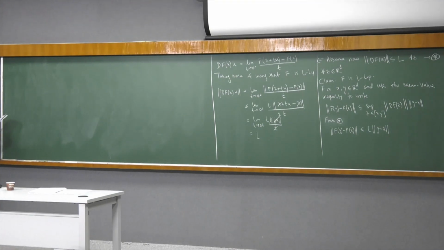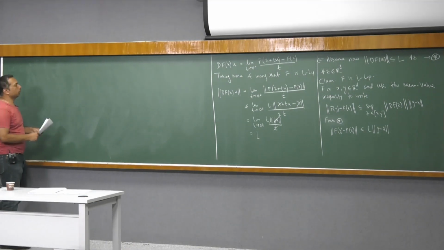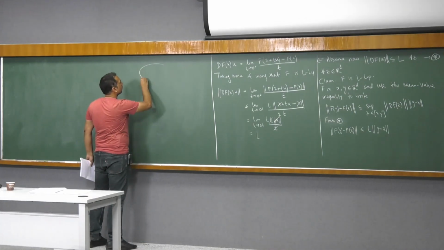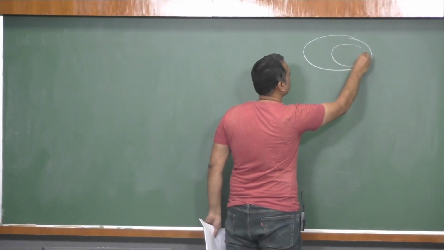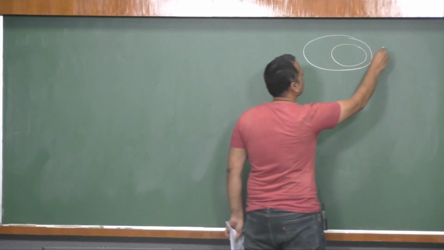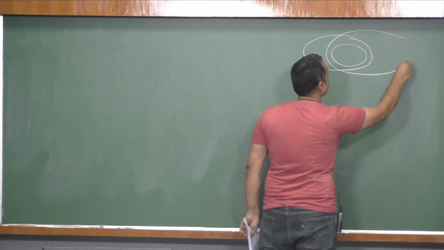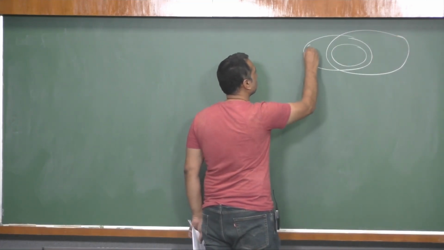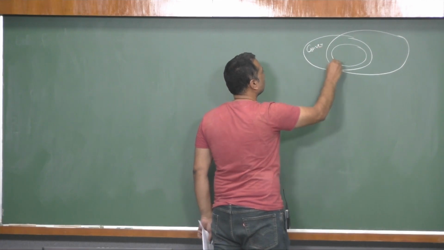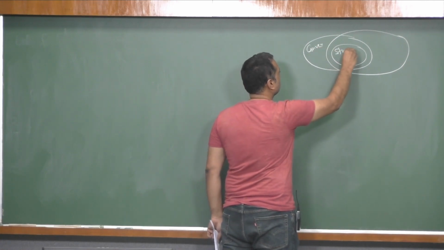But before that, I will define strong convexity. The diagram is that we have convex sets, we have strongly convex sets, and this is all part of today, and this is called the PL condition. So this is convex, this is strongly convex.